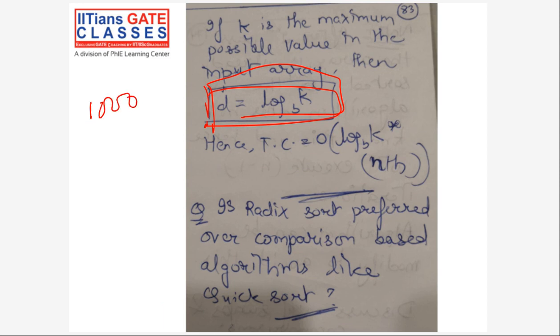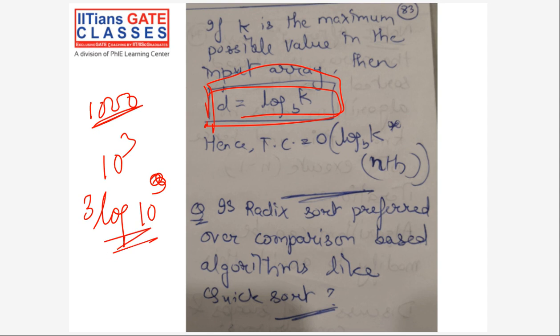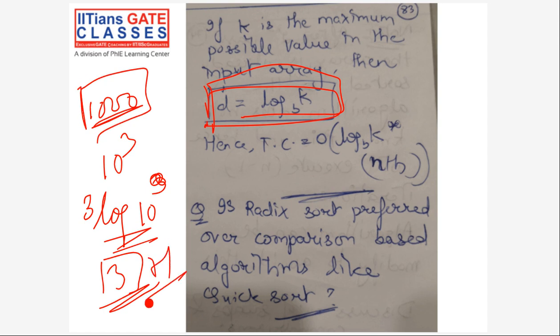If I want to find how many digits are there, I'll just take log base 10. This 3 will come here. Log 10 is 1. So base I've taken as 10. So basically it will give me 3 digits, 3 plus 1, roughly. So by this, if we know the base and we know the maximum value, we can calculate the number of digits in that particular value, and hence we can write the value of d also. So this is what I have done.